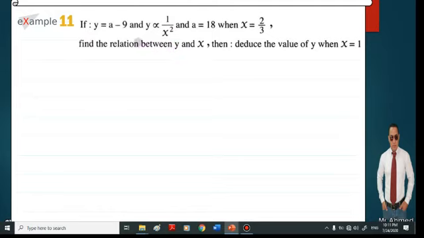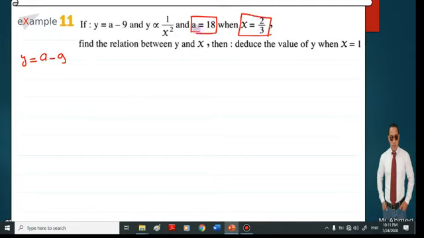First, by using y equals a minus 9, here a equals 18 at x equals 2 over 3.